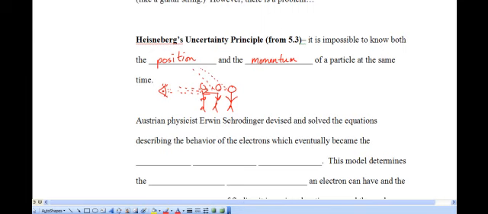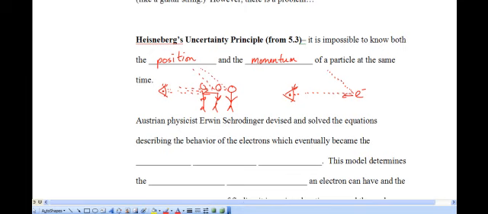Now, when you try to do the same thing with an electron, here's our eye, and here's the electron. Let's say that the electron is traveling in this particular direction. Let's say the electron is moving towards us. When a photon of light strikes the electron, the particle of light might reach back to our eye. Not a problem.